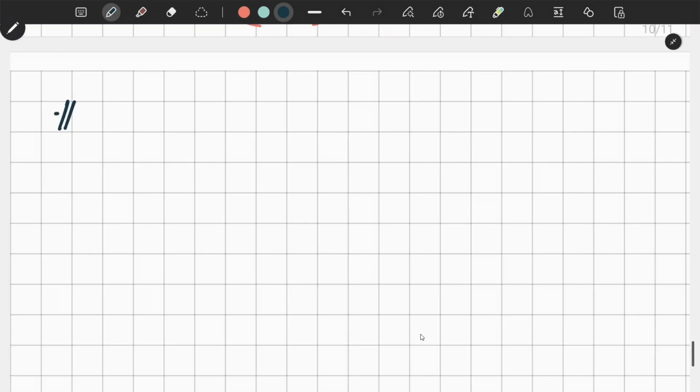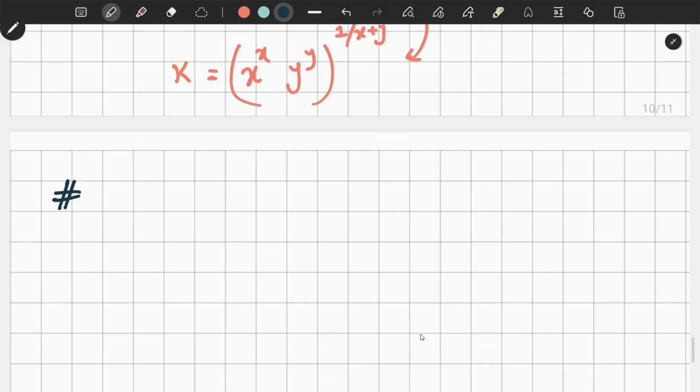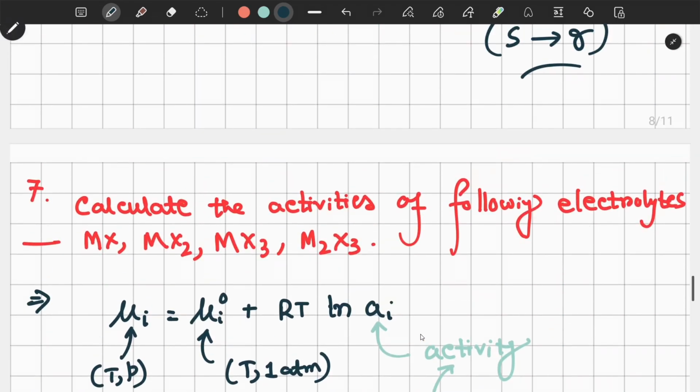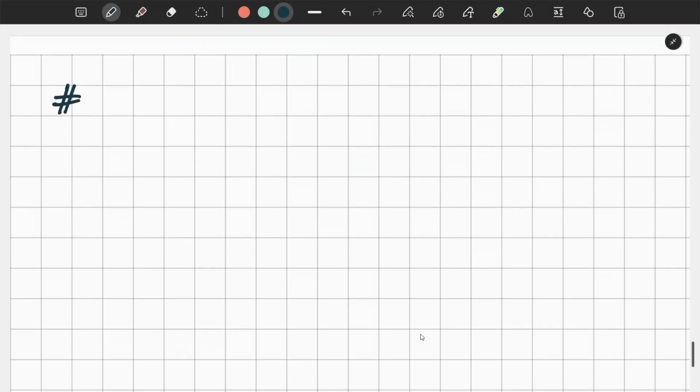Whatever was asked, the question was we have to calculate the activities of this electrolyte. Activities means the total activity, A. Let's start with MX. We have done it for these things, right? Here we considered n, but here the anion is written like x. That is not important. Important is the coefficient. That small x is 1, small y is also 1.